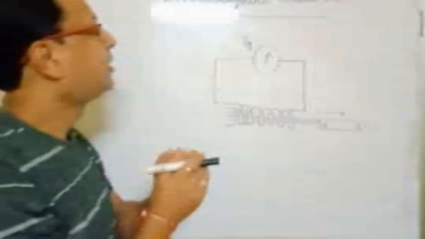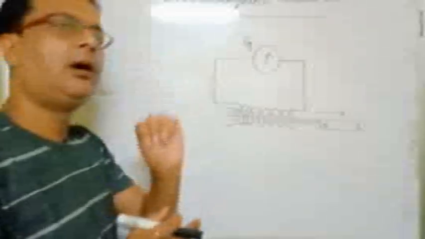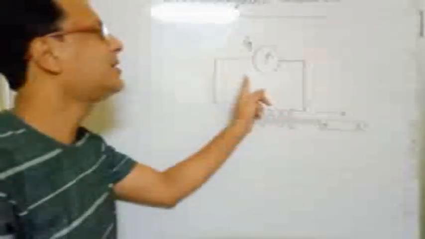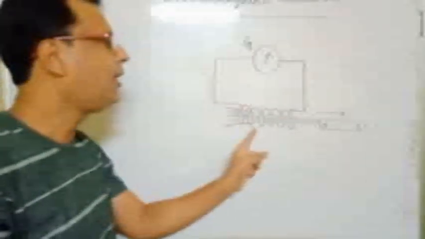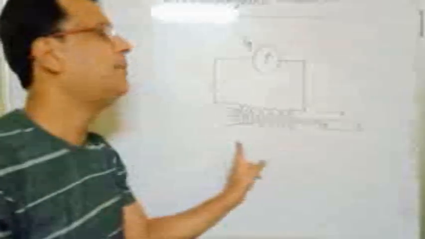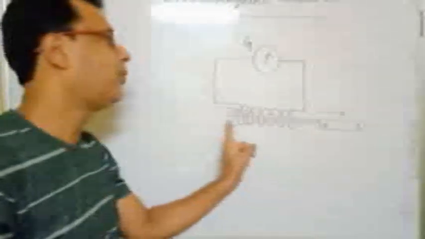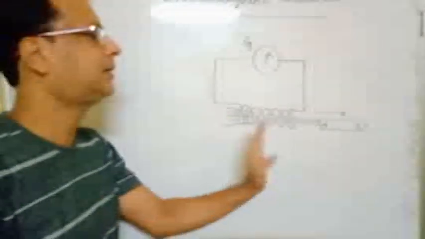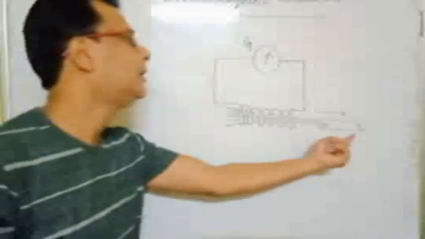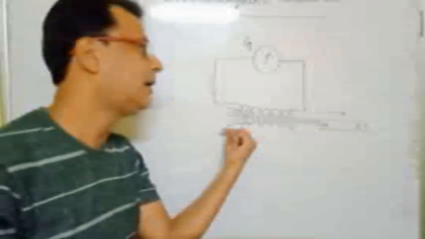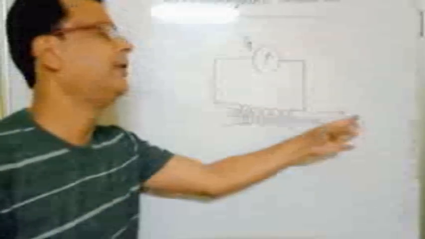This led to three laws of Faraday. The first law is that the current is induced only when there is a change in magnetic flux. This was Faraday's first law. The current is induced only when there is a change in flux. Change in flux, in other words, the magnet is moving toward the coil or the magnet is moving away from the coil.